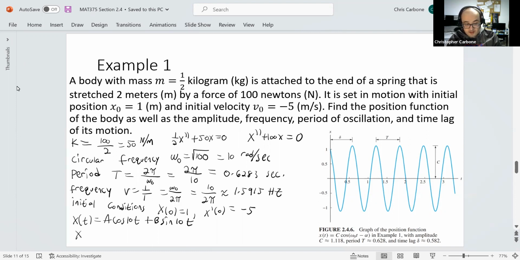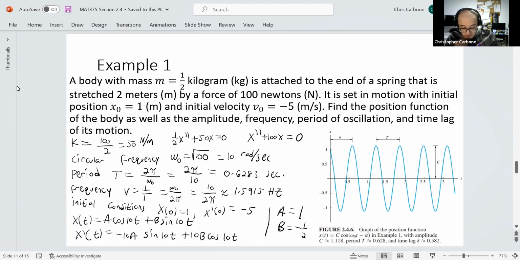And the first derivative of this function gives us negative 10a times the sine of 10t plus 10 times b times the cosine of 10t. And if we go through solving that, we get a value of a to be 1 and b to be negative 1/2.